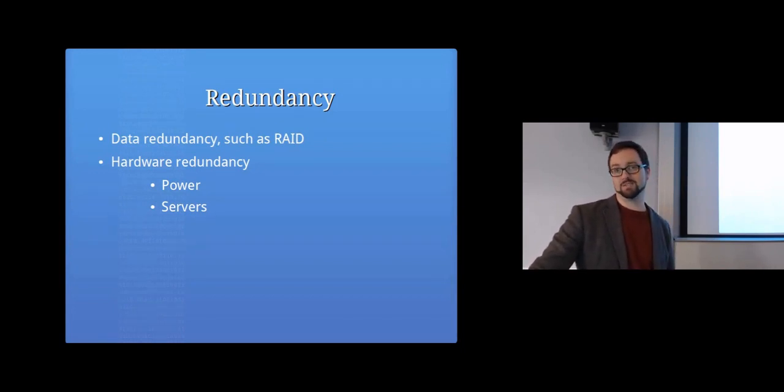So RAID, and that's what you mentioned before. A RAID array is an example of data redundancy. So if one hard drive fails, you don't lose all your data because it does clever things, which we'll talk about in a second. So we've got hardware redundancy.